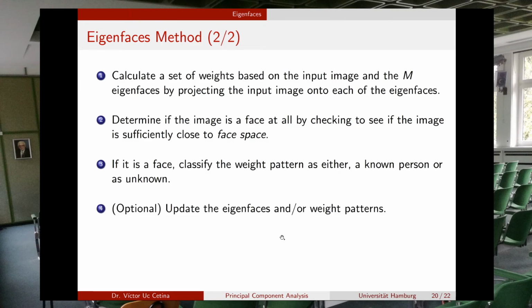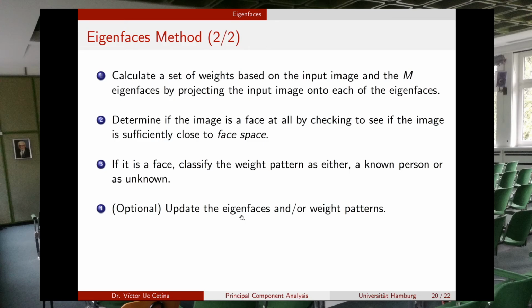Optionally, if you get new faces in your dataset and you want to recognize them, you may want to update the eigenfaces, because people change with time.